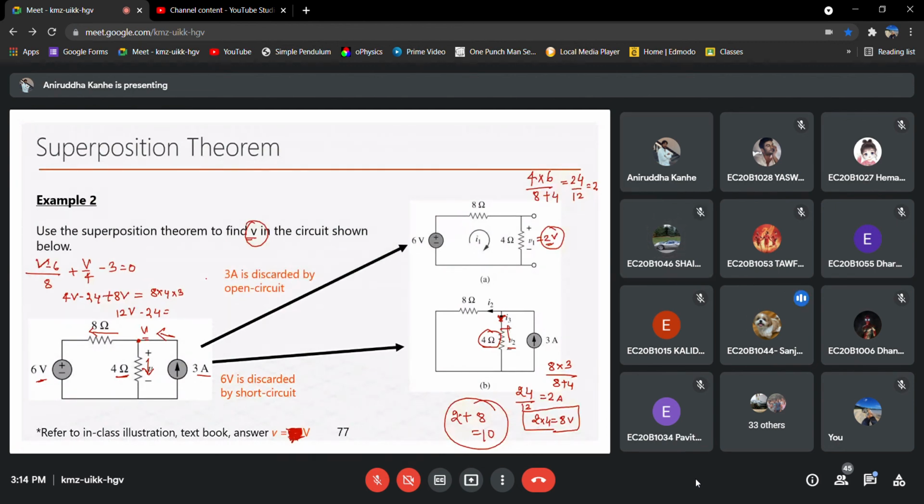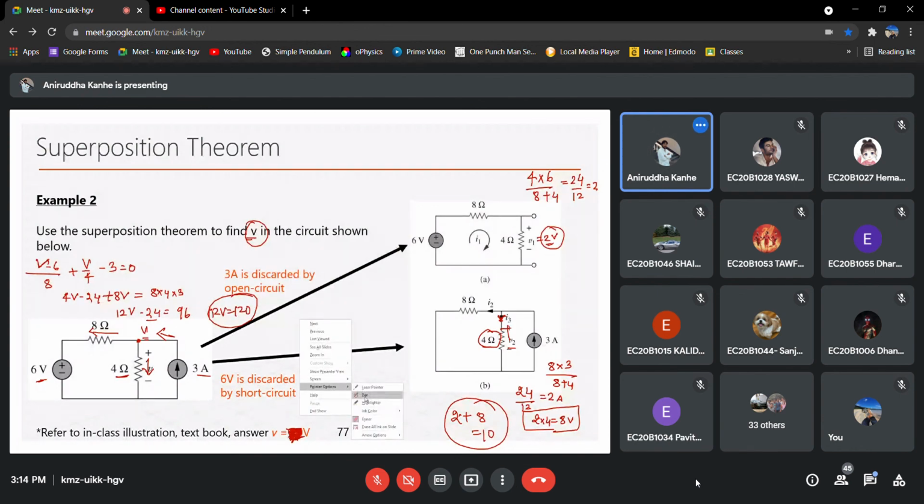96. 96, right? So 96 plus 24 gives 12V is 120, and hence V is equal to 12 volts. Oh, sorry, 10 volts. Let me correct it. 12V is equal to 120.